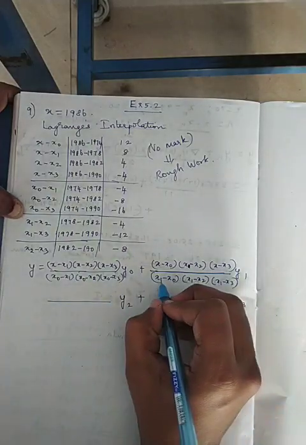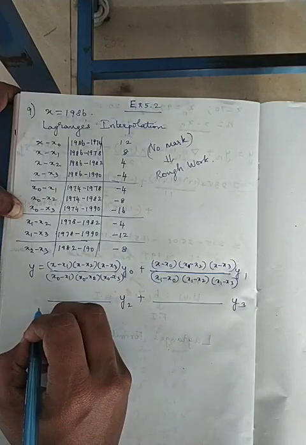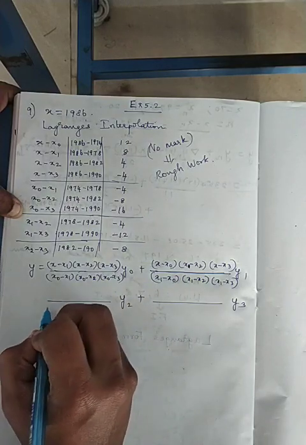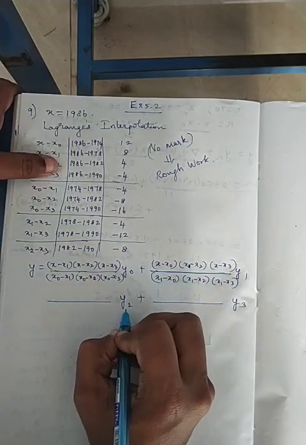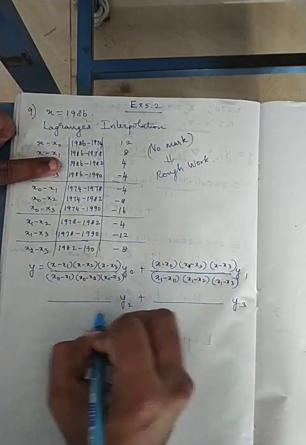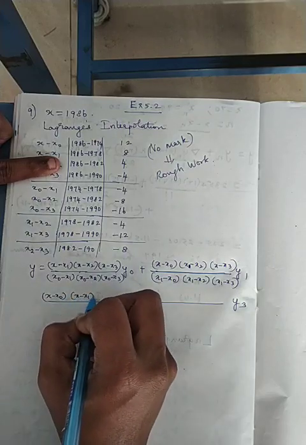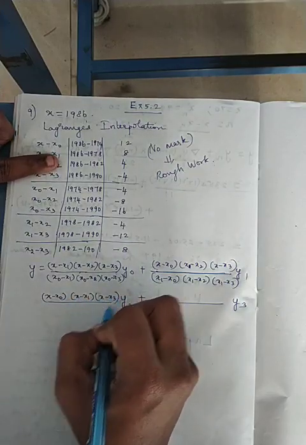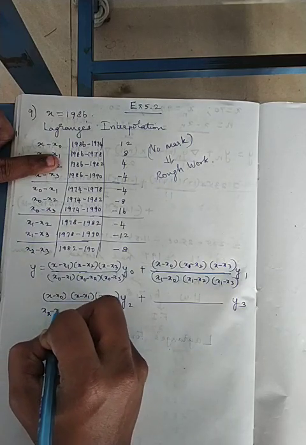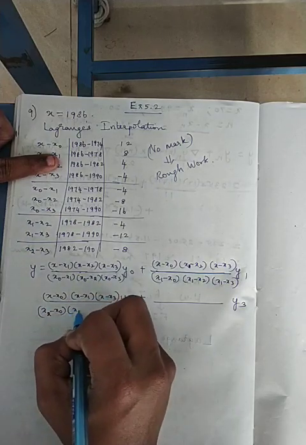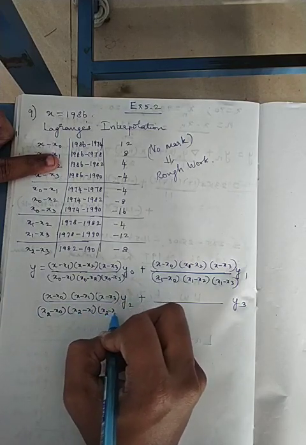Here I have to find out this value explicitly. Okay, we will see how we are going to substitute. Before that I will finish off this table. Here I don't want x2 because I am in the y2 term. So I can write only the other 3 terms. So any time I will be getting 3 terms. So this will become x2 minus x0 into x2 minus x1 into x2 minus x3.